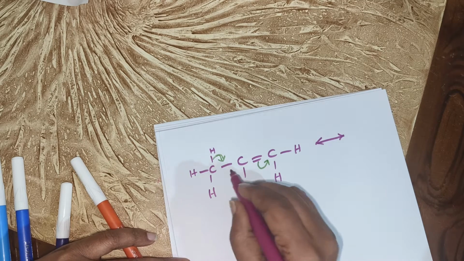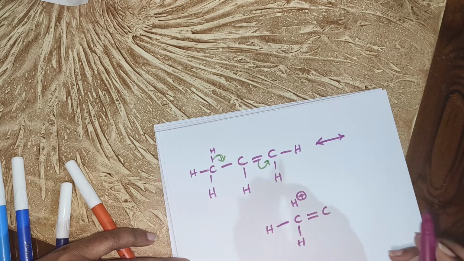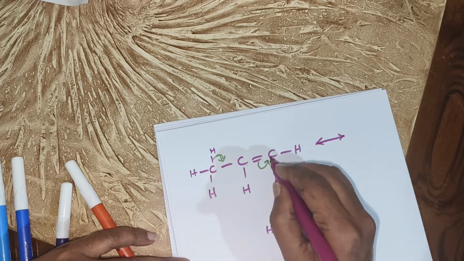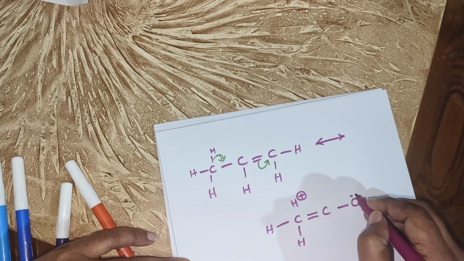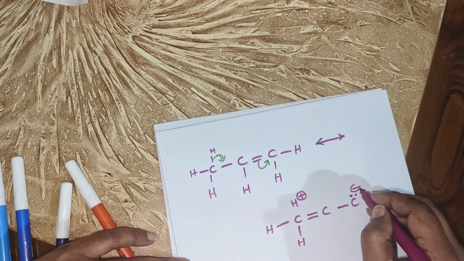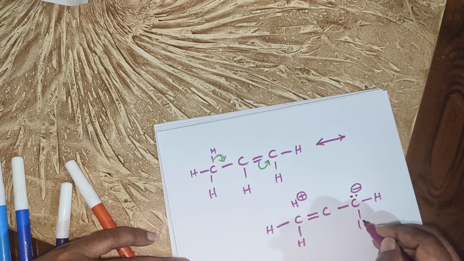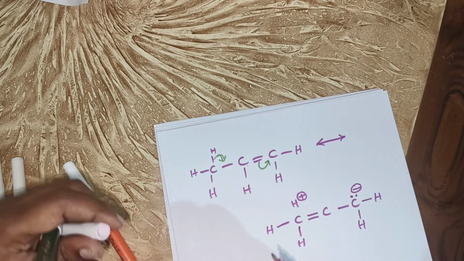And since it is negative and positive, a double bond is formed. The next bond is shifted towards this, so this carbon gets a negative charge with a lone pair of electrons, and the H remains the same. Okay, yes.